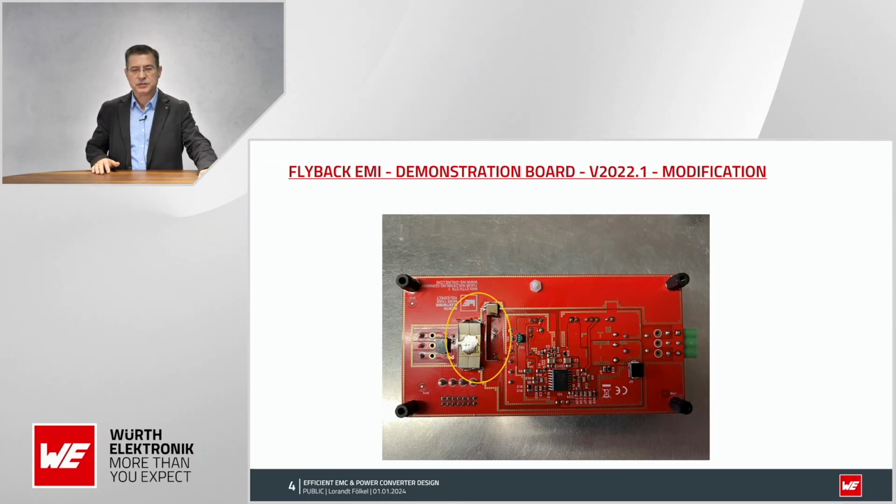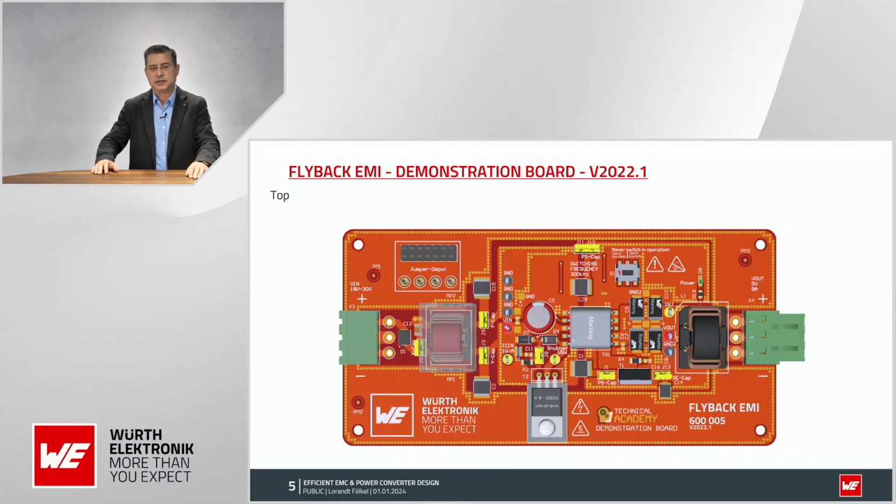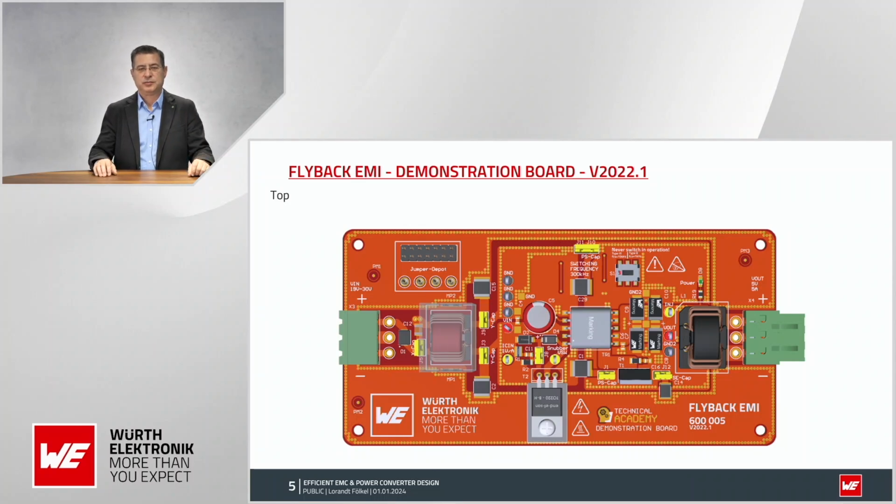This is the bottom side, and on the top side you can see there's a jumper parking space, non-functional, just to put the jumpers in the right place. And then you see all these yellow jumpers, these are the step-by-step jumpers. We can take them in and out to see the impact of the difference, without capacitor, with capacitor.